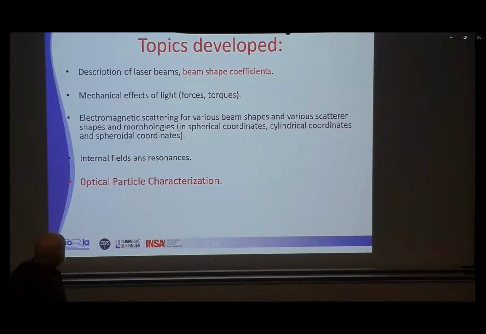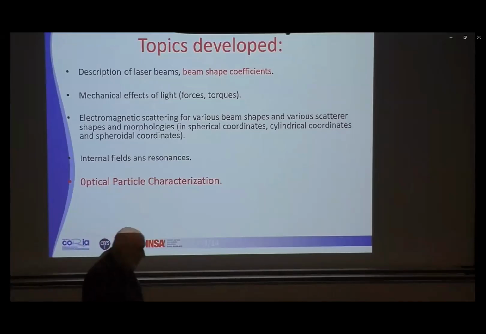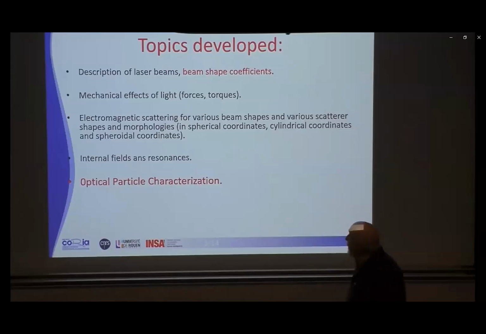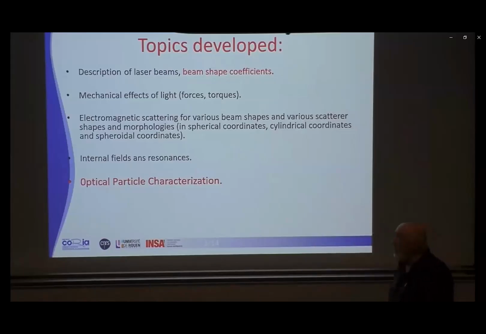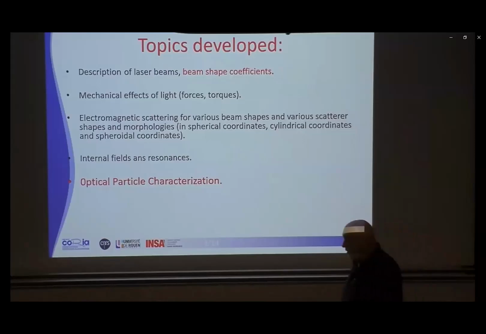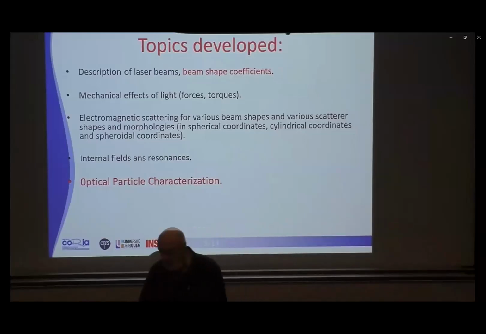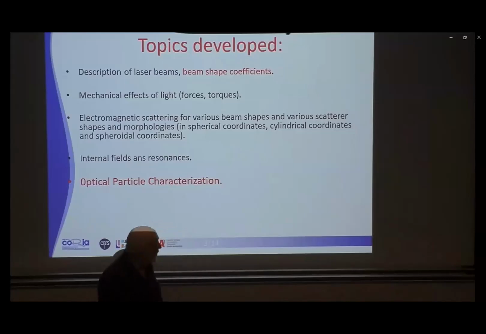After, we have to study electromagnetic scattering for various beam shapes and various scatterer shapes and morphologies: spherical coordinates, cylindrical coordinates, elliptical coordinates. You can also study the internal field and the resonances, and more important, the optical particle characterization. Optical particle characterization has been and is the original motivation for the development of GLMT.